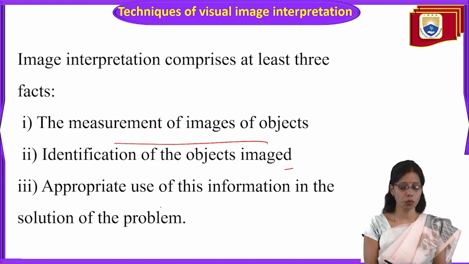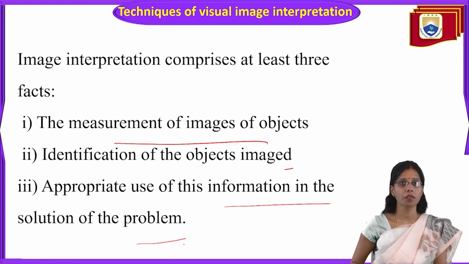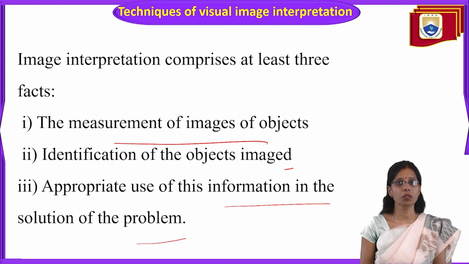Third, appropriate use of this information in the solution of the problem. So whether we are able to use the information in the solution, and then the solution of the problem, are also the three facets which our interpreter should have.